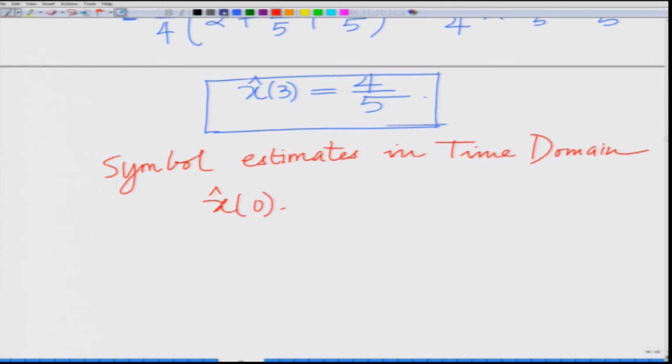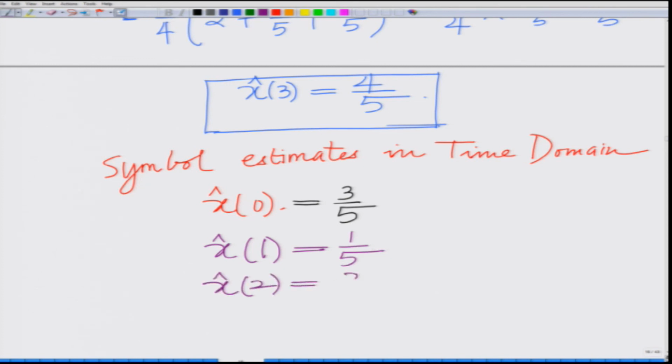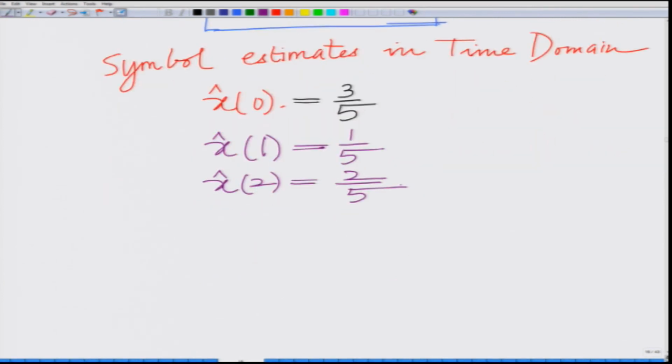are given as small x hat of 0 equals 3 over 5, small x hat of 1 equals 1 over 5, small x hat of 2 equals 2 over 5, and small x hat of 3 equals 4 over 5.